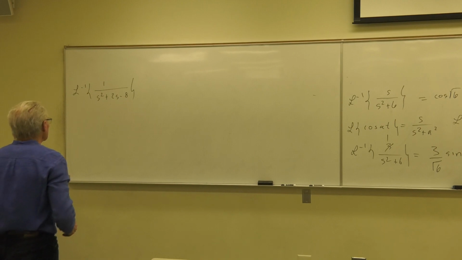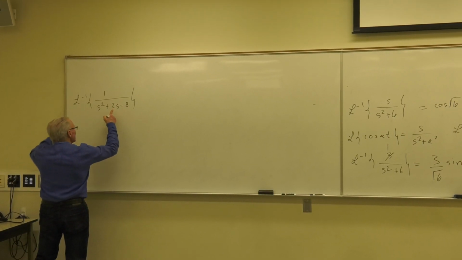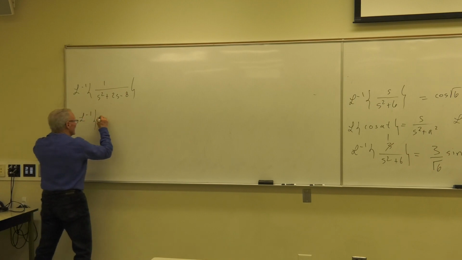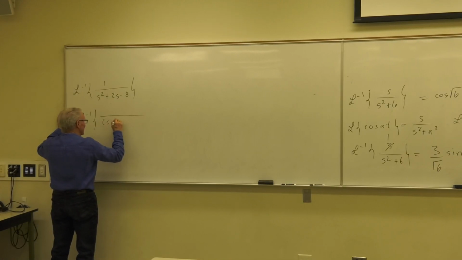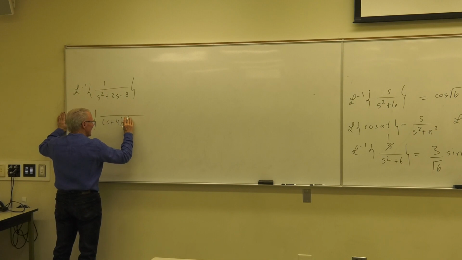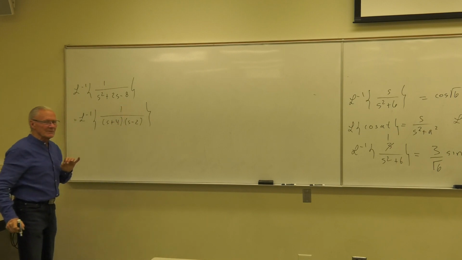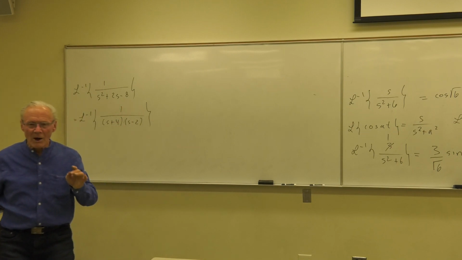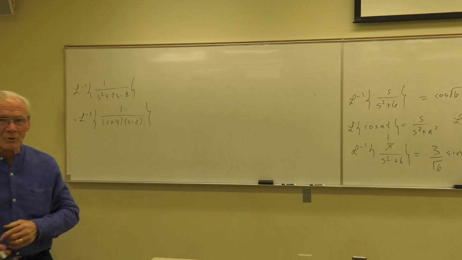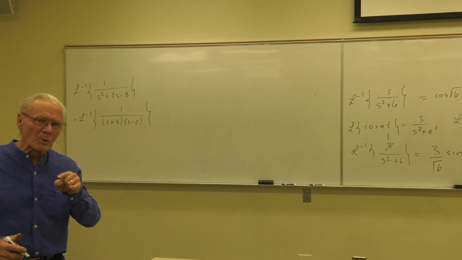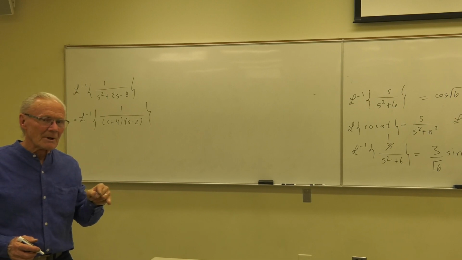Oh, notice that that factors into s plus 4 times s minus 2. Does that give you any idea of what we might do? And the idea that should come to mind is, why don't we partial fraction that thing.